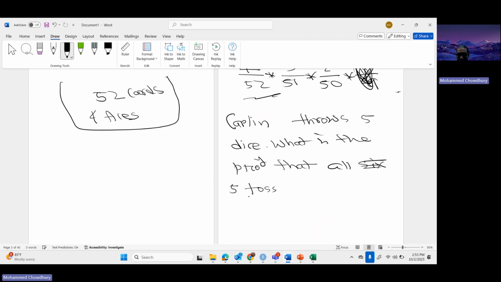What is the probability that all 5 dice will show 6? The answer is 1/6, 1/6, 1/6, 1/6, 1/6.